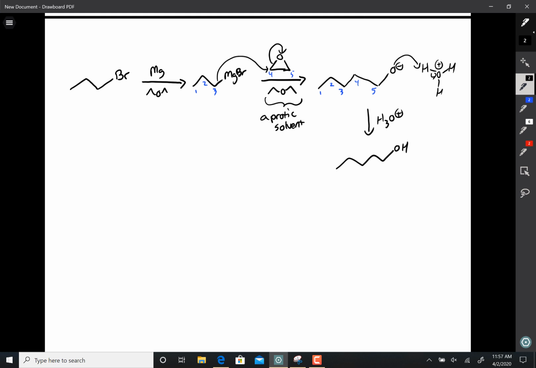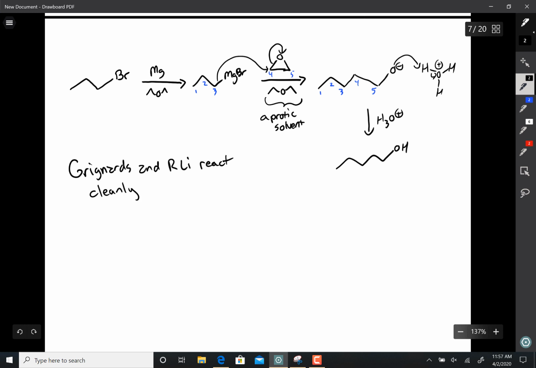Now, the moment of truth. Grignards and organolithiums react cleanly with very few epoxides. This has to do with the reactive nature of Grignards and organolithiums and the counterions of magnesium and lithium.